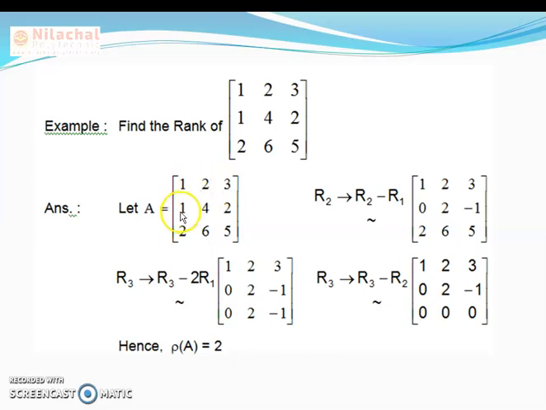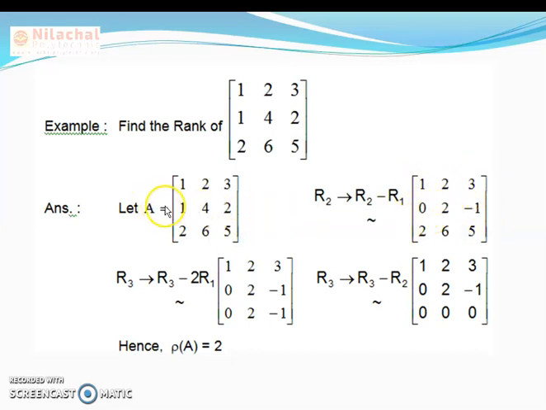You want to convert the first element of R2 to 0, so you write R2 changes to R2 minus R1, because both are the same. If you subtract both elements, it equals 0. R1 you write as usual, and R2 you are changing.